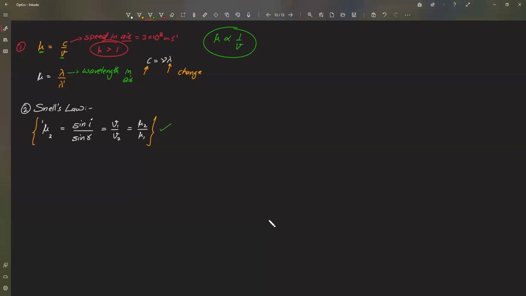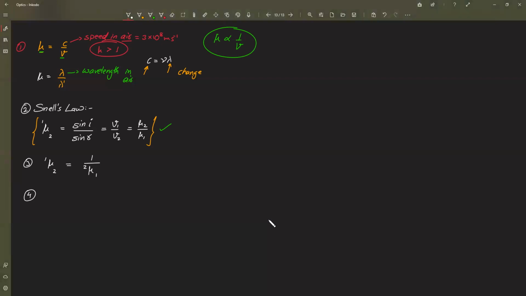And one more thing, which is not Snell's law but about refractive index: the refractive index when light is traveling from medium 1 to medium 2 is the inverse or reciprocal of that from medium 2 to 1, when you change the order, right?